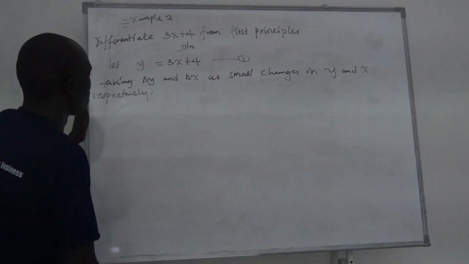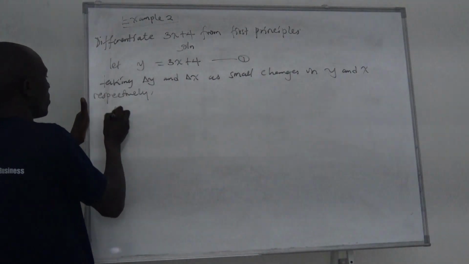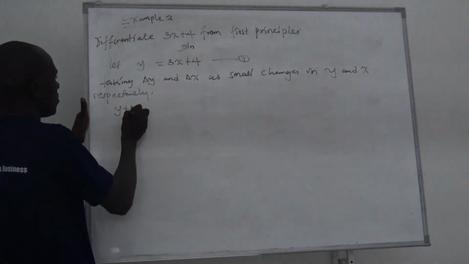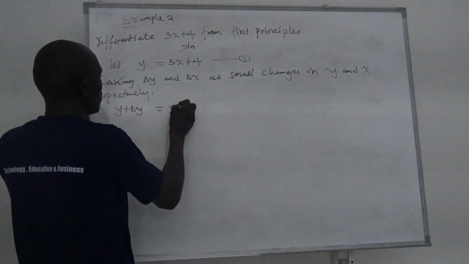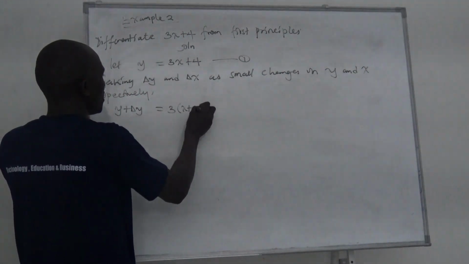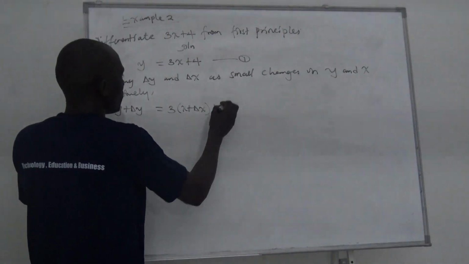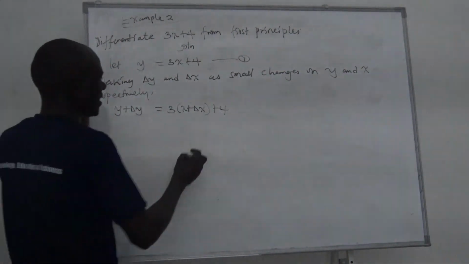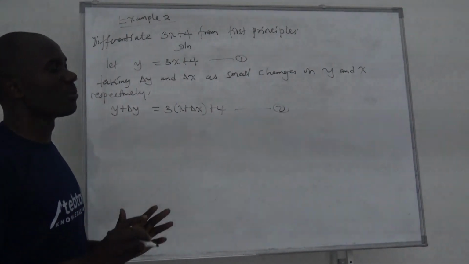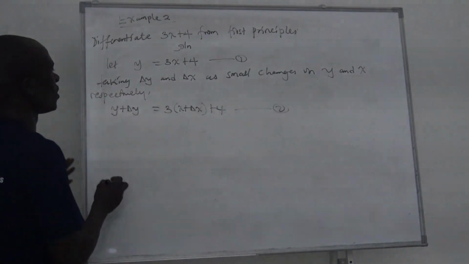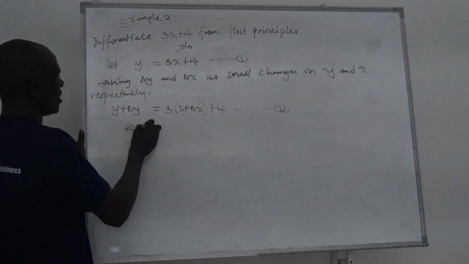So I'm taking those small changes. What am I going to have? y plus delta y equals 3 into x plus delta x, then plus 4. Are you getting that concept? Then this one is the second equation.